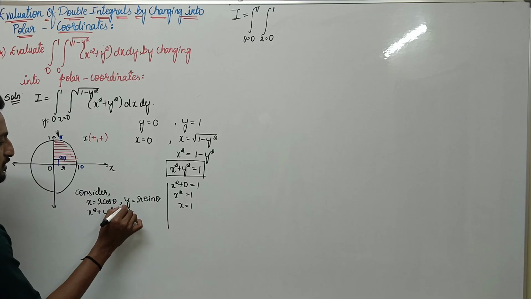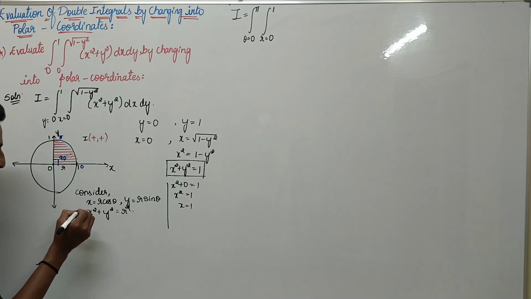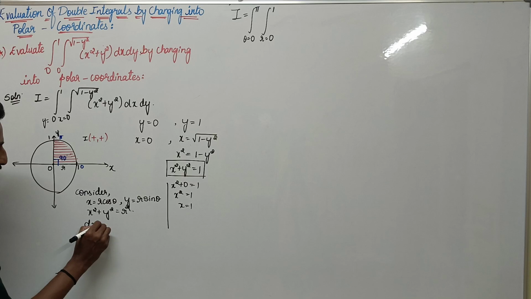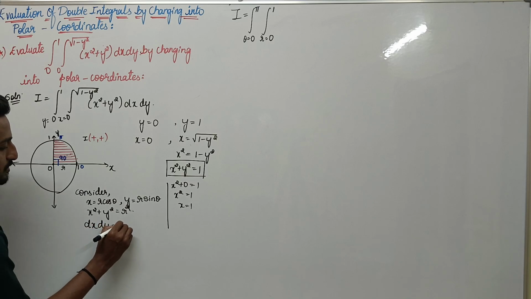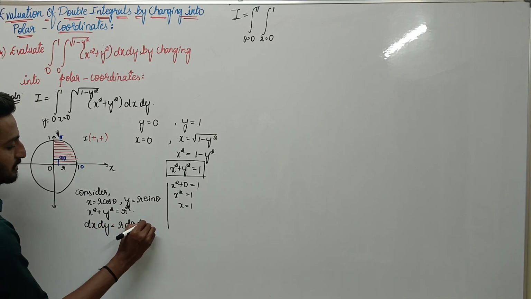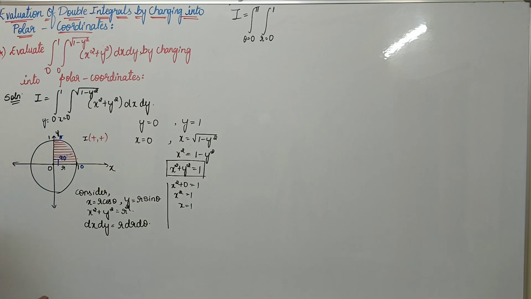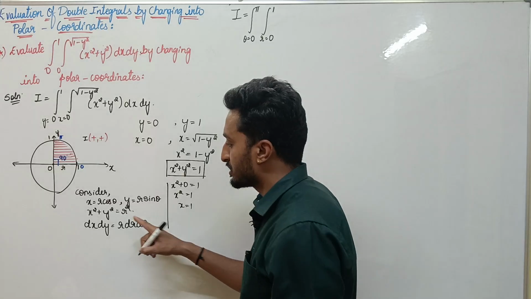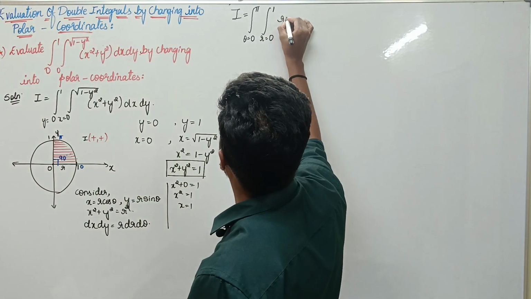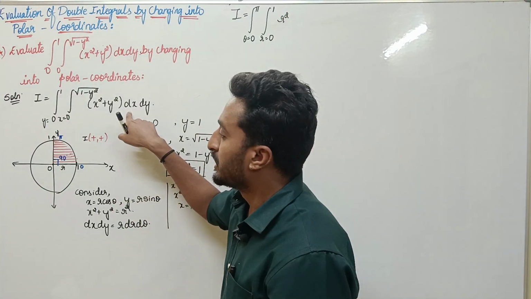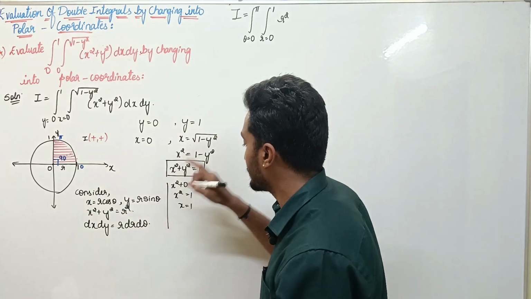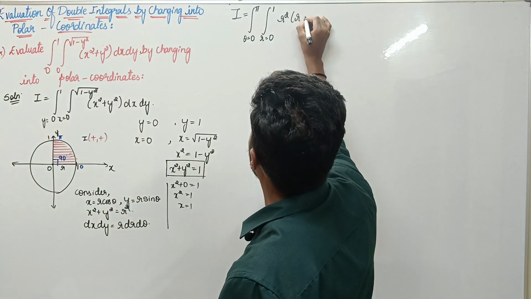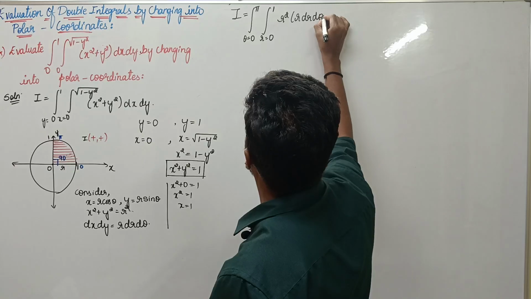Then dx dy will be replaced with r dr d theta. At this point, just replace. Since we know that x square plus y square is defined as r square, and dx dy is defined as r dr d theta.